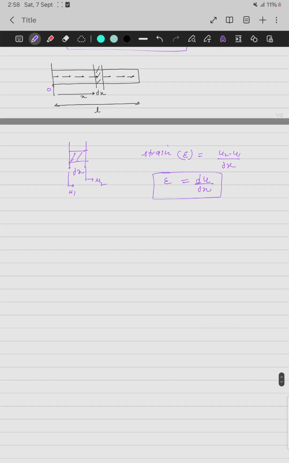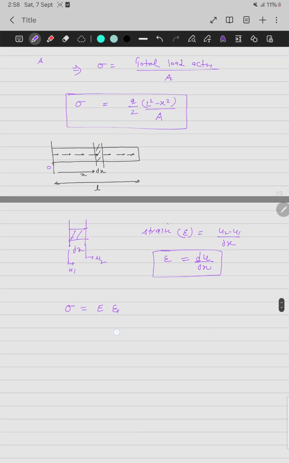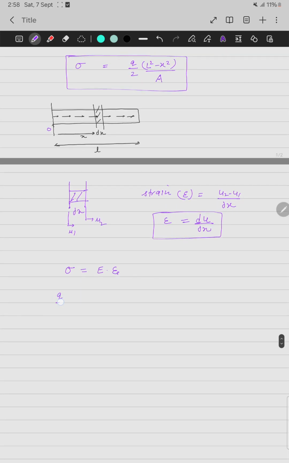Now I am assuming this as an isotropic material, so we know that we can relate stress with strain as sigma equals E times small e. So putting the values, we have sigma, which is q by 2 times L square minus x square divided by A, equals E into du by dx.